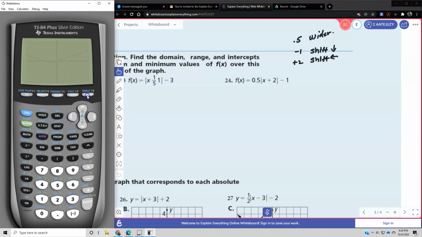So if we look at the table, I have -2, -1. 0, 0.